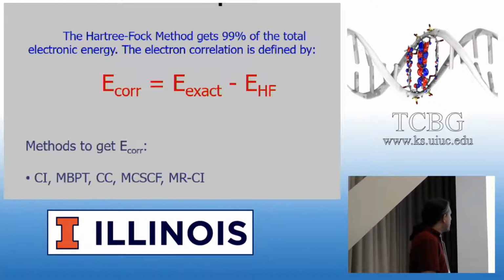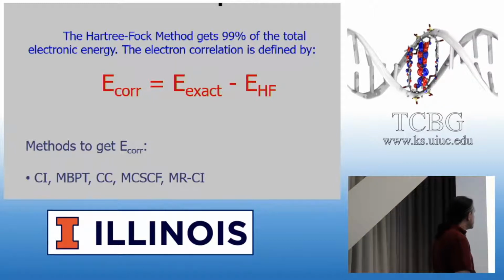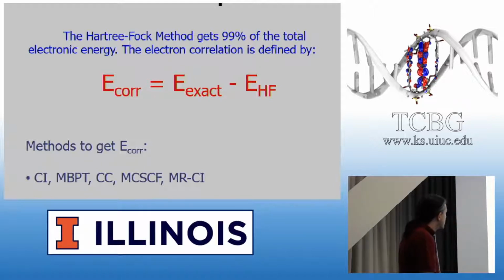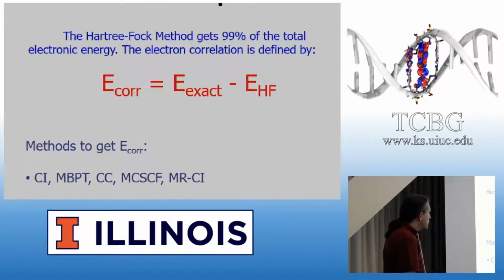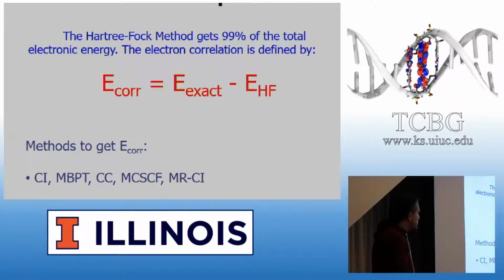And by definition, the correlation energy is defined by this equation: the difference between the experimental, or the full corrected energy, minus the energy of the Hartree-Fock method in the limit of the basis set.